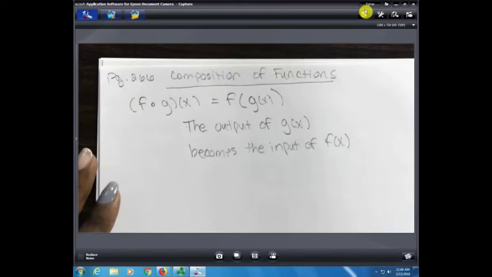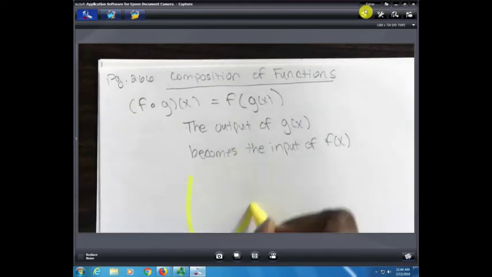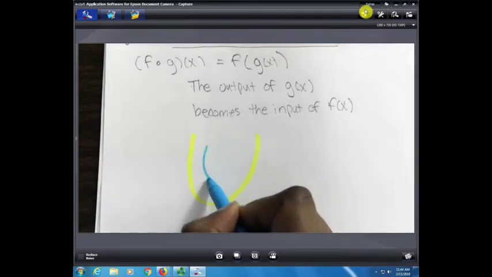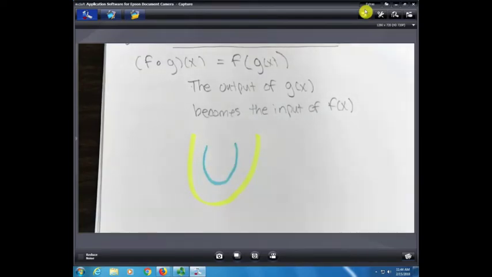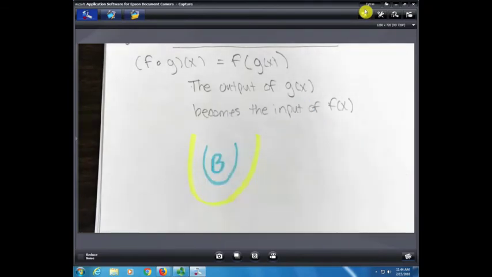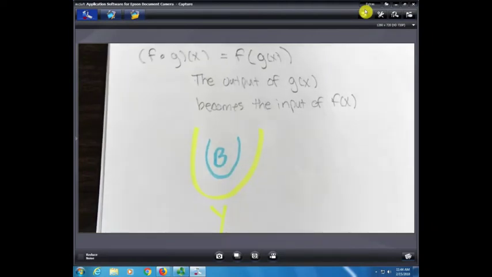Your composition function, basically, if I have this yellow function, and inside this yellow function is the blue function. And then I have my yellow function.